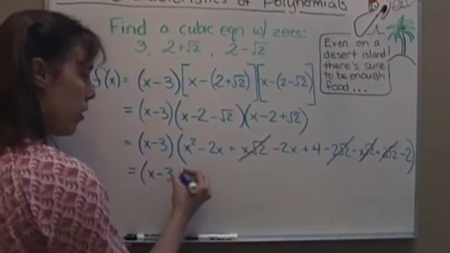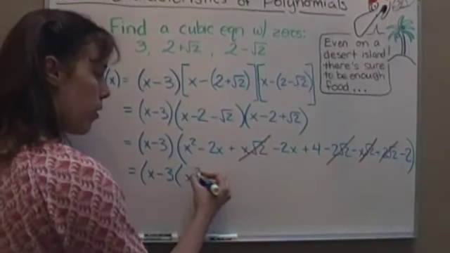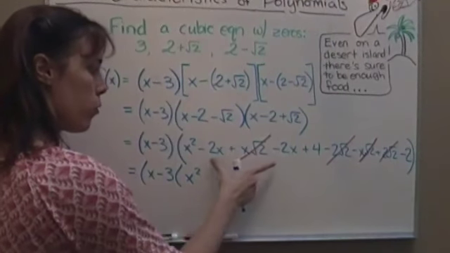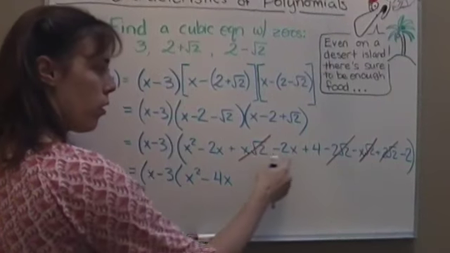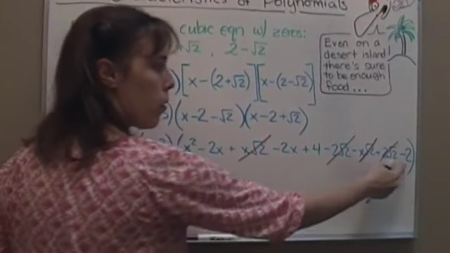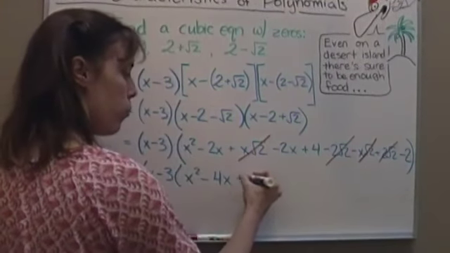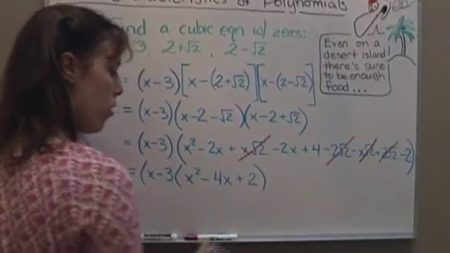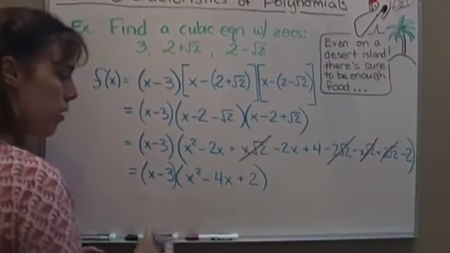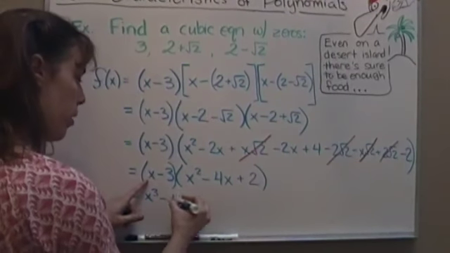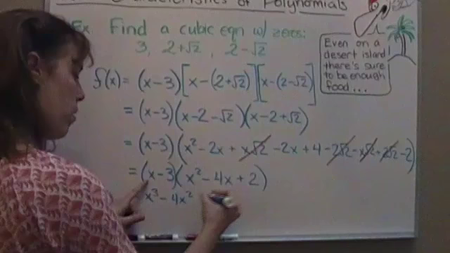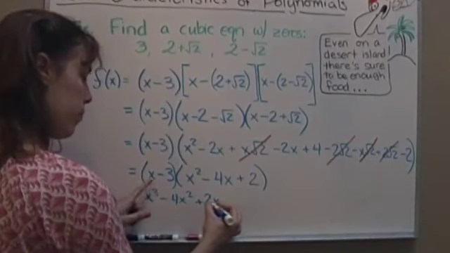X minus 3 times x squared. We've got 2 of those, so negative 4x. 4 minus 2 is 2. Alright, well that's not so bad. X cubed minus 4x squared plus 2x.